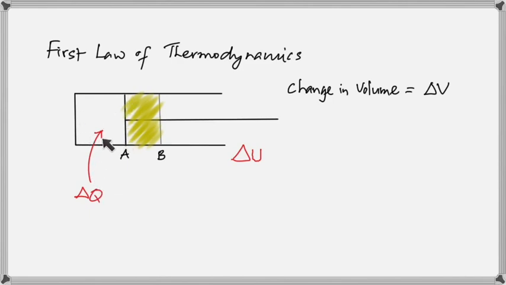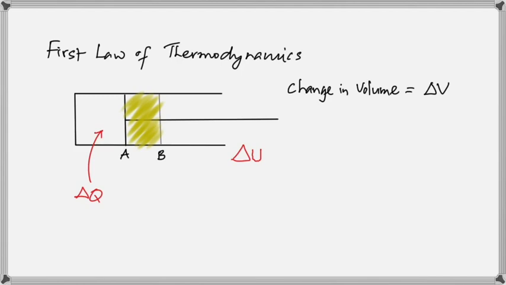So when delta Q amount of heat enters, since the piston is free to move, it will be pushed out from the original position A to the final position B, which means there is a change in volume. So the change in volume is delta V. And also the temperature of the gas increases, and that is reflected in the change in internal energy. Now, change in internal energy is connected to the change in temperature.